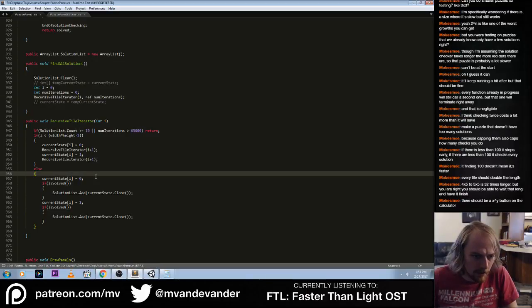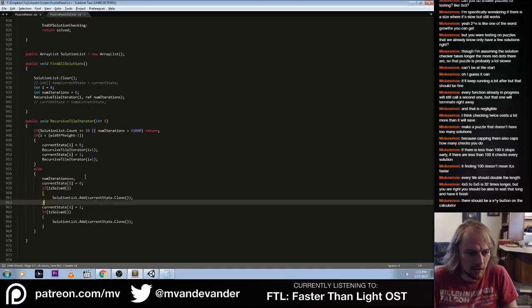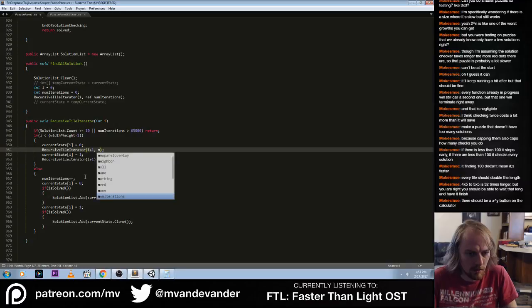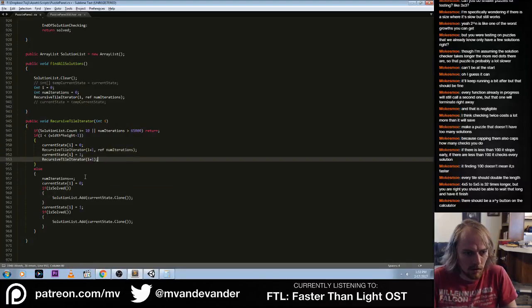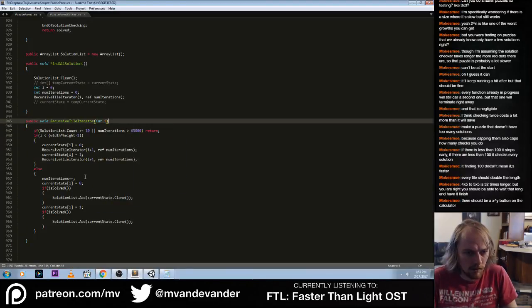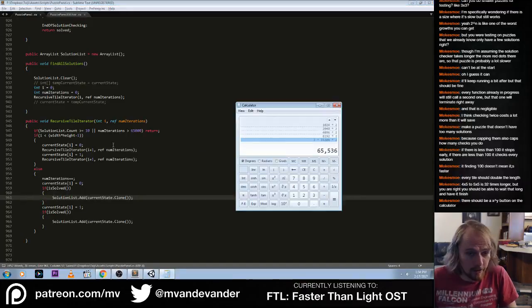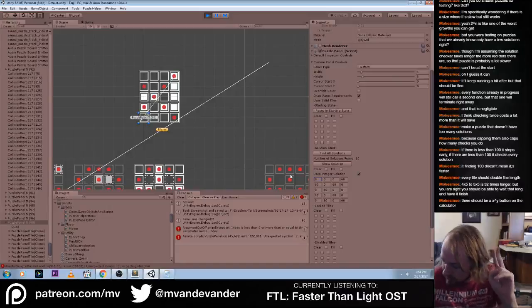So then we're going to go through here, and then this would be num iterations plus plus. So that just puts a cap on how many iterations. It's not really iterations, but you know what I mean.